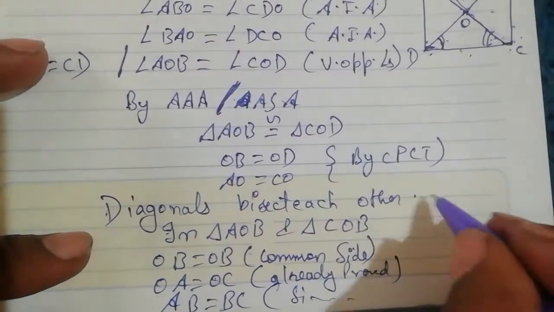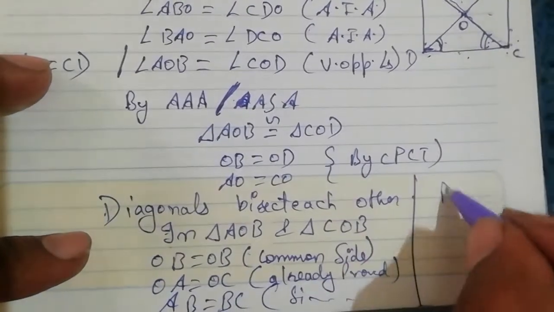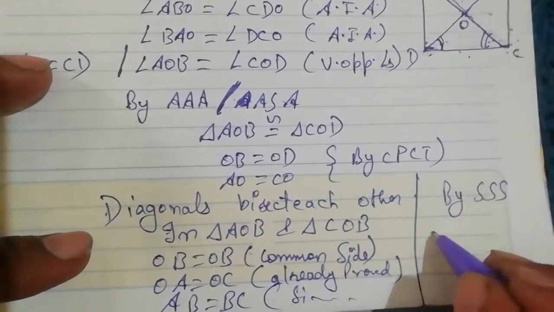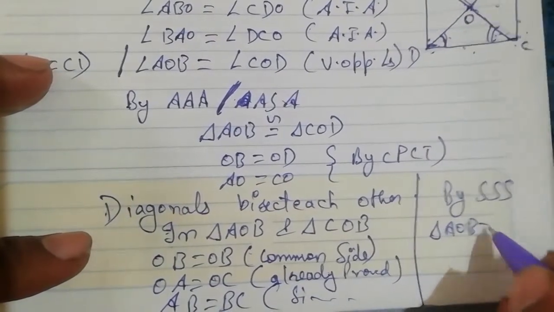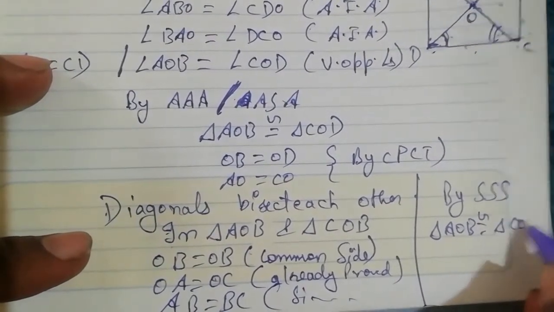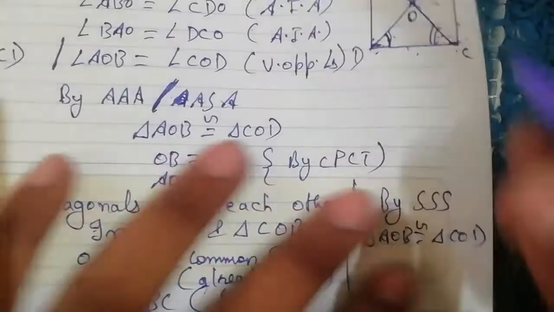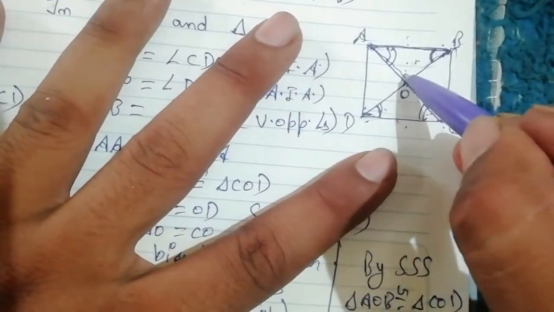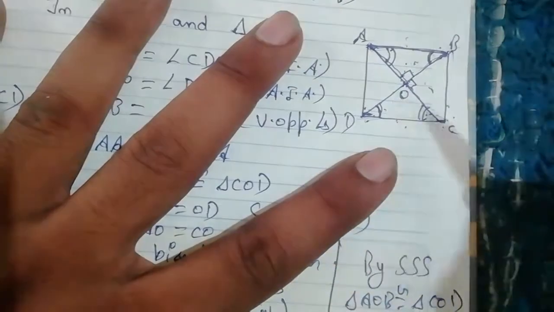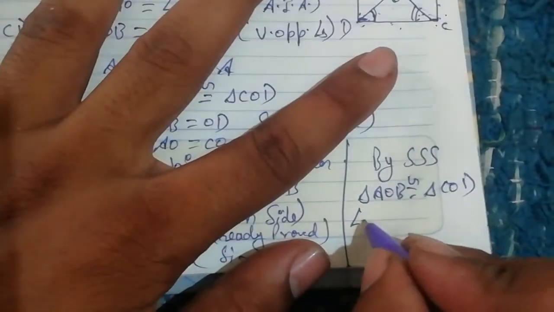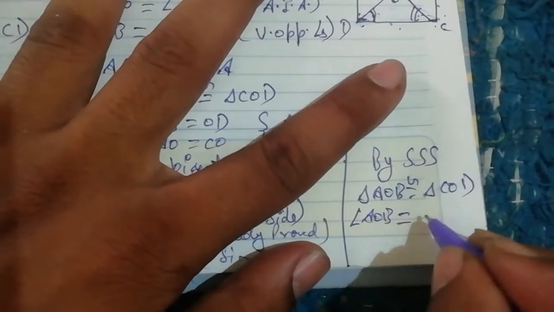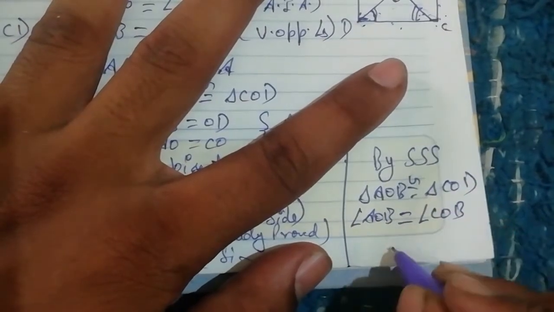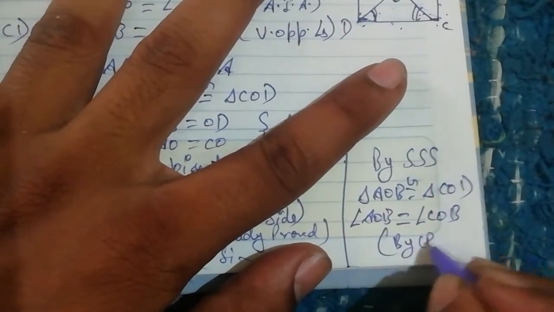Okay, so by SSS we can say that triangle AOB is congruent to triangle COB. Okay, now these two triangles are congruent, then we can say that this angle is going to be equal to this one. So here angle AOB is equal to angle COB by CPCT.